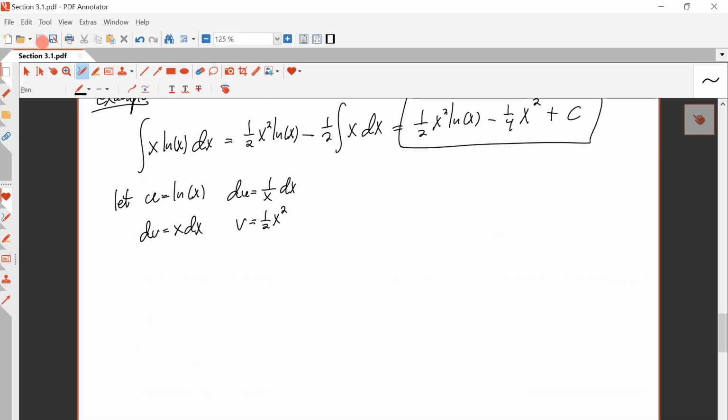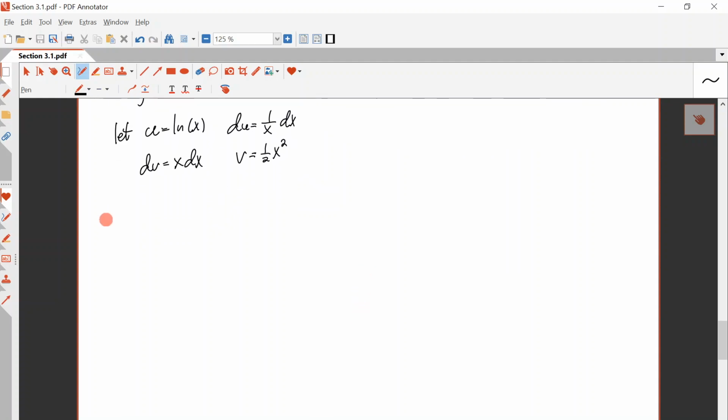Here's another example of where you would apply the integration by parts formula twice. So let's calculate the antiderivative of e to the x cosine x dx. So here I have an exponential function and a trig function. So what I do is the exponential function comes first, and the trig function comes second.